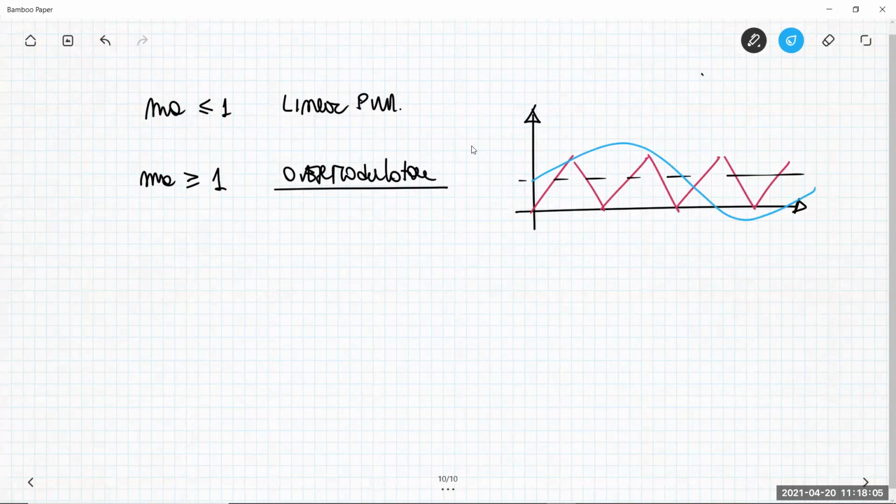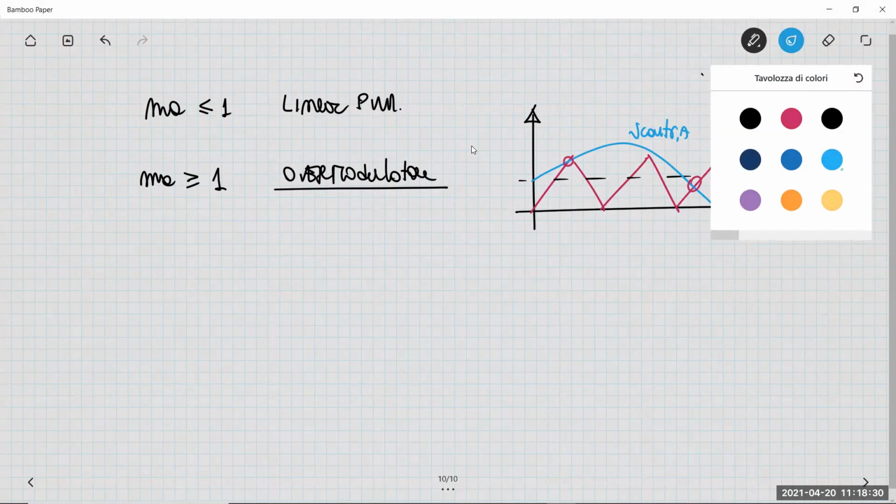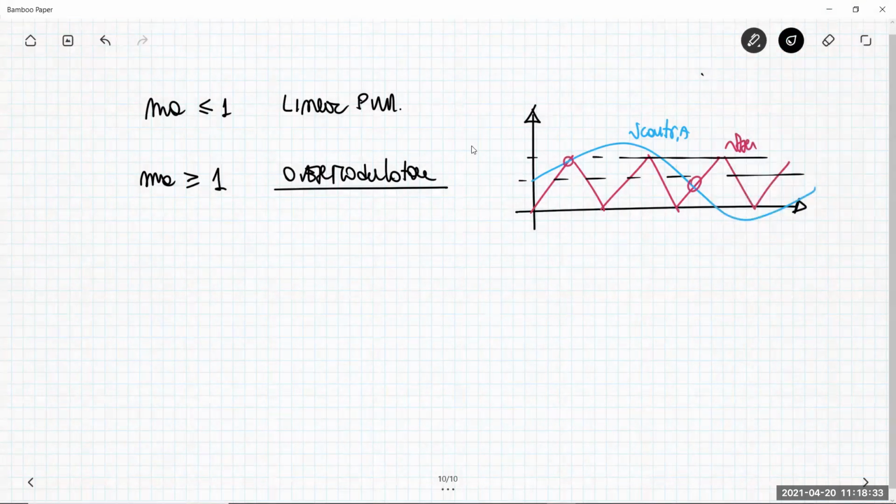As you can see here, there are some situations in which the comparison between the control signal and the triangular signal is correct, like, for example, here or here, etc. But there are regions in which the control voltage is higher than the triangular voltage, like, for example, all this region here, or this region here, in which you have no more the possibility to compare. The duty cycle is always 1.